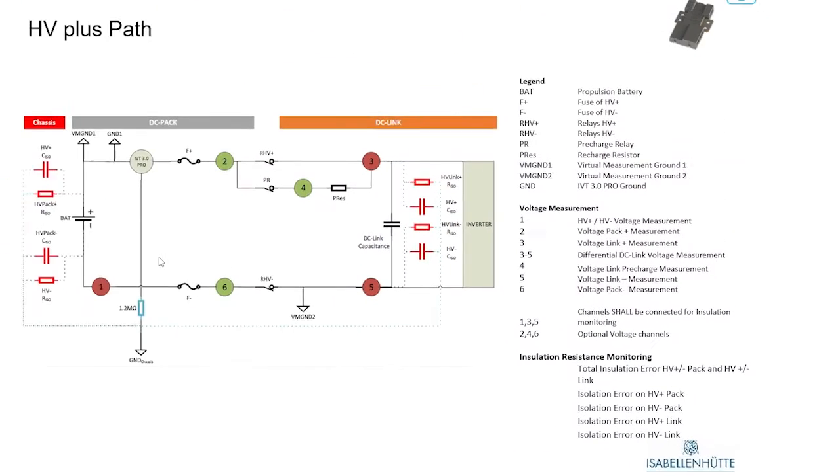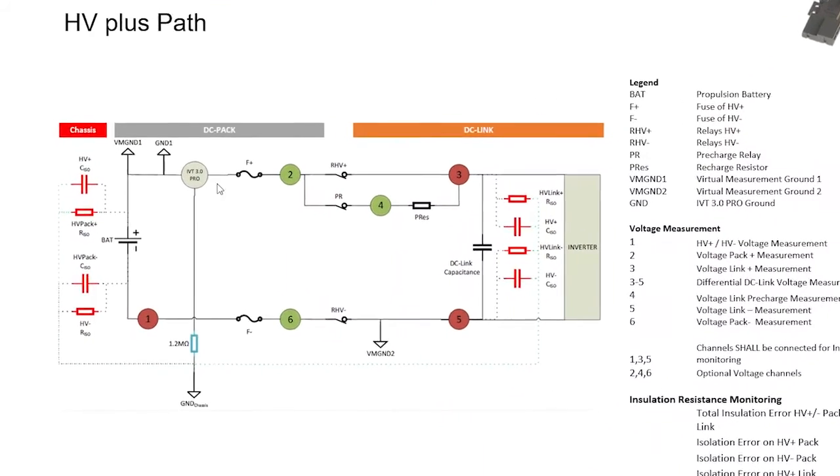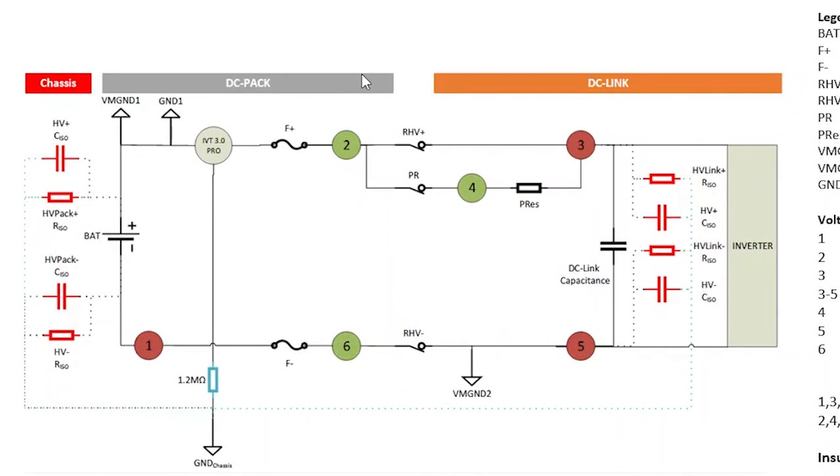IVT 3.0 Pro supports bidirectional current and voltage measurement, and it can be installed on the minus side of the battery as well as on the plus side of the battery. And the latter is shown in this simplified block diagram here. This is very similar to the block diagram we just saw.